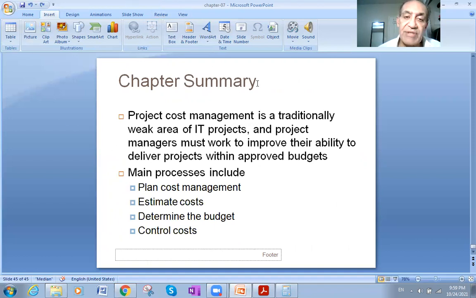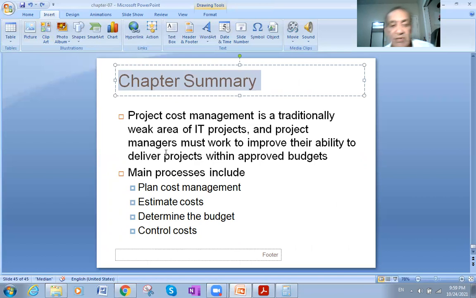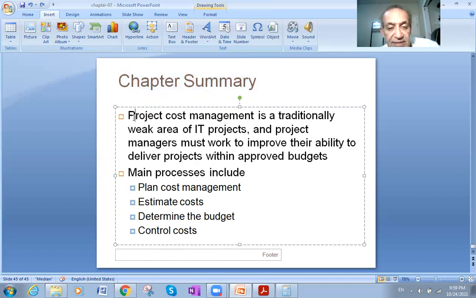So we'll go now to the chapter summary. Project cost management is a traditionally weak area of IT projects, and project managers must work to improve their ability to deliver projects within the approved budget.